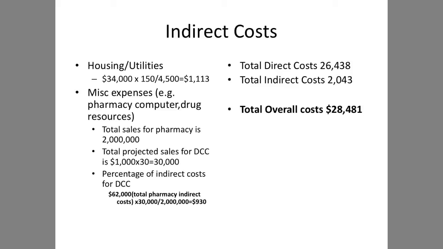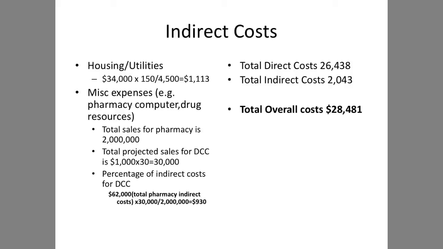If we look at our indirect costs, our housing and utilities per year is around $34,000, and we have 150 square feet, so our total cost for that is going to be around $113. If we look at the miscellaneous expenses, the total sales for the pharmacy is around $2 million.